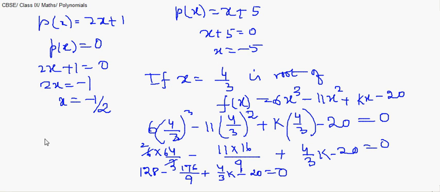I'll just take the liberty and solve it somewhere here, or I can move on to the next screen where I write the same equation again and solve it. I had got 128 minus 176 by 9, then I got plus 4 by 3k minus 20. That should be giving us a 0.